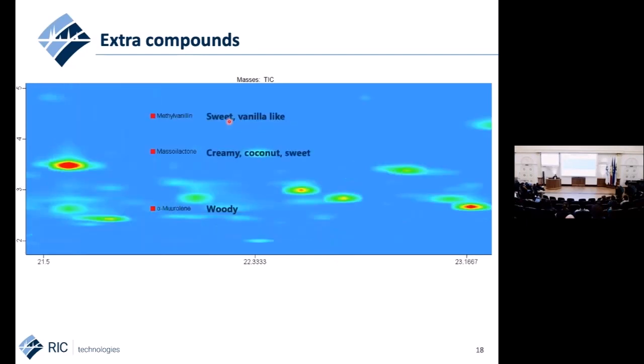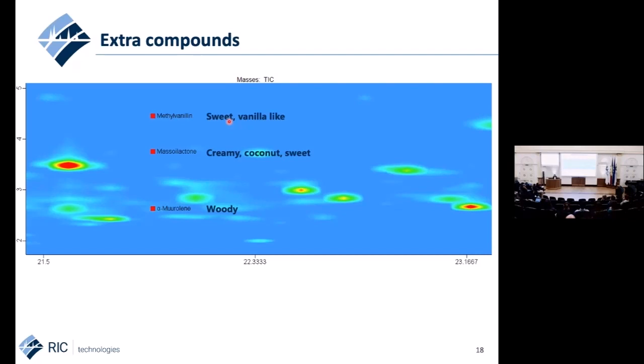But actually we even had regions in our chromatograms where we identified 3 completely new compounds which were not identified earlier. And these are compounds which have very important aromas. So we have methylvanillin, massoia lactone, and alpha-muurolene, which is a sesquiterpene.